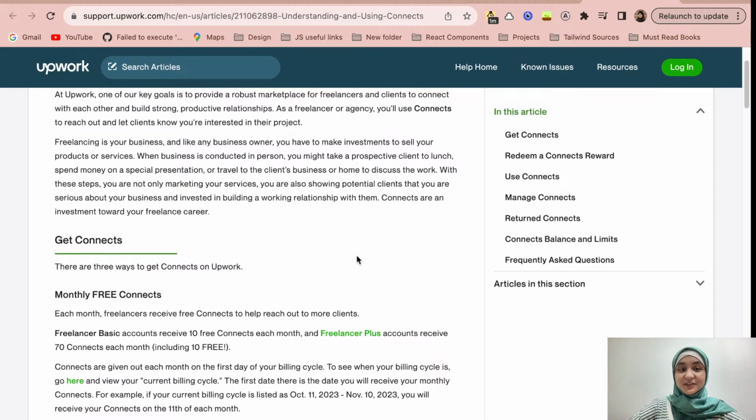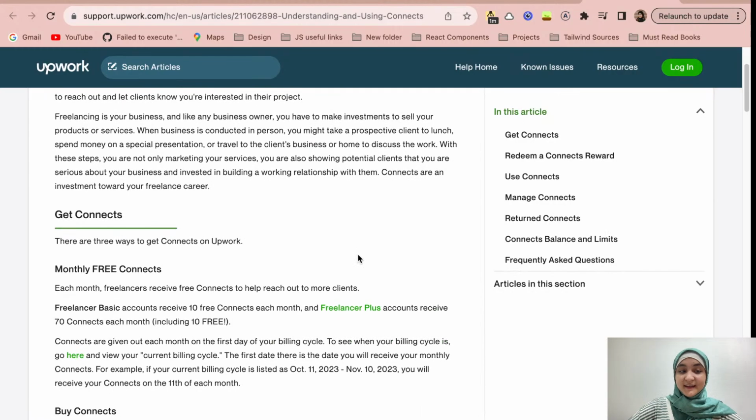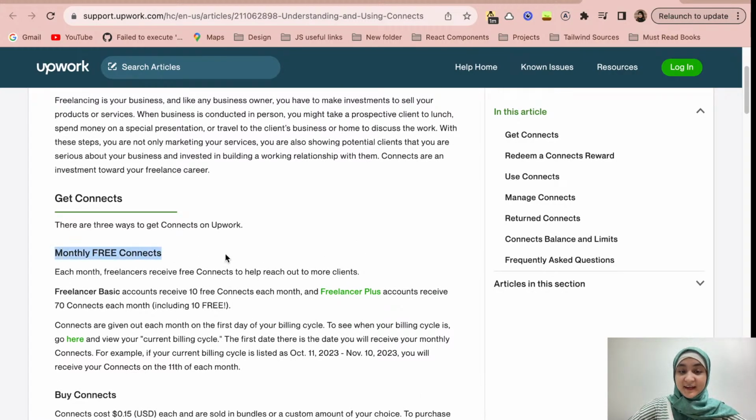There are actually 3 ways to get Upwork connects. The first one: you will get 40 connects once you create a new account on Upwork. Besides that, there are the monthly free connects.